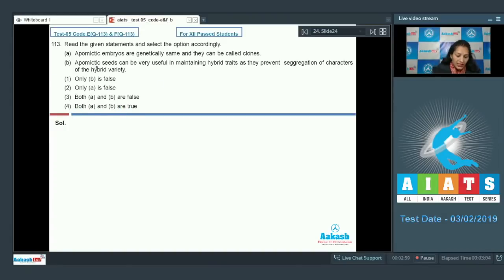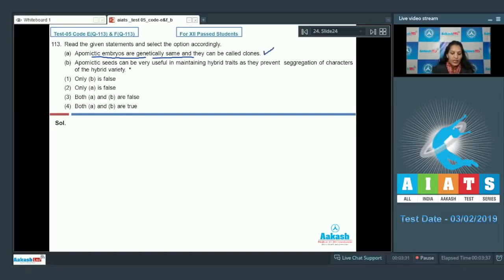What are apomictic seeds? Apomictic seeds are the seeds which are produced without fertilization. There is no fertilization in the apomictic seeds. Apomictic seeds contain apomictic embryos. These embryos develop directly from the diploid cells, not from the zygote. Hence, these apomictic seeds are genetically same and hence they can be called clones.